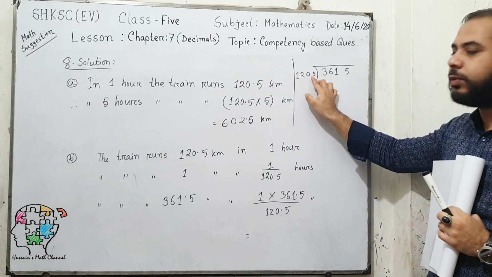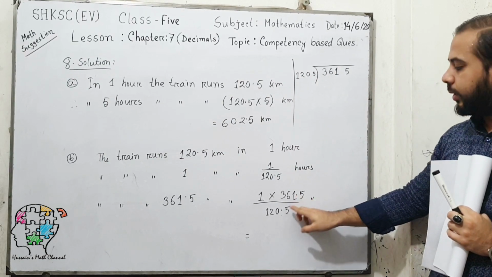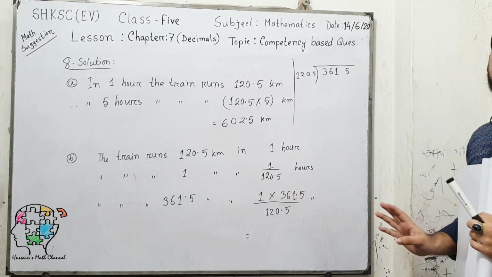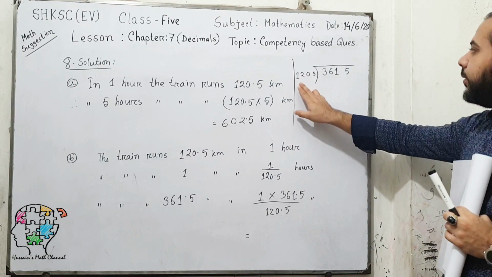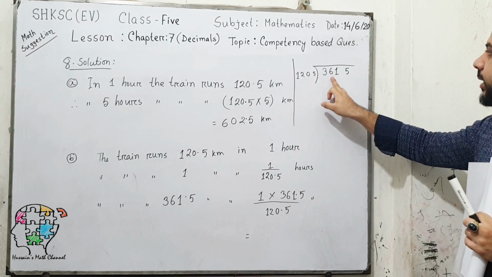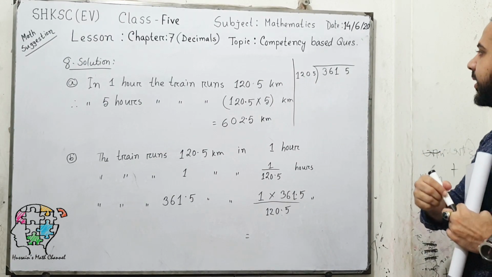We can easily remove it, because if we cancel one decimal from the numerator and one from the denominator, it remains the same. Now if we divide 3615 by 1205, we will get the answer easily.